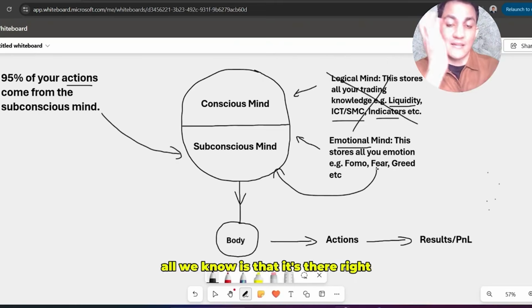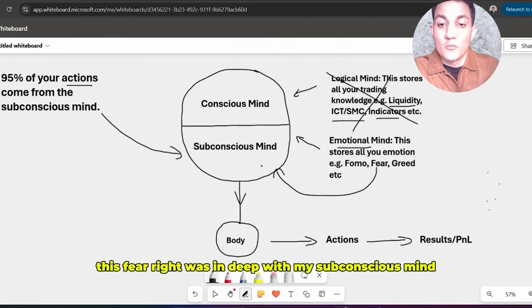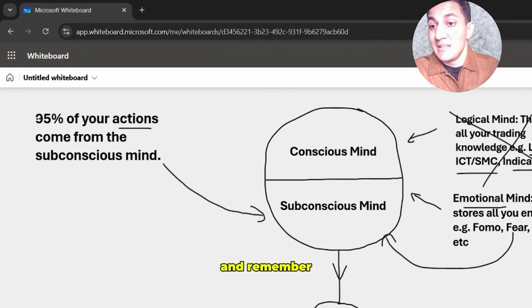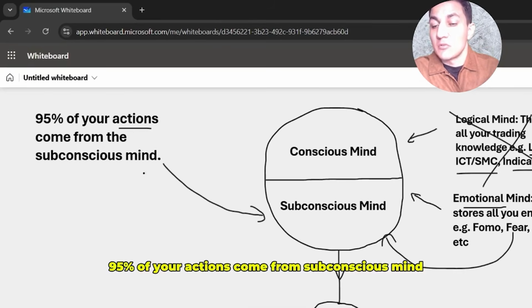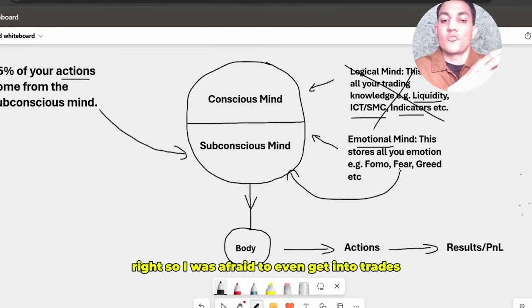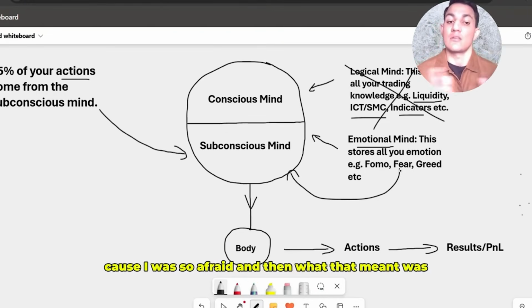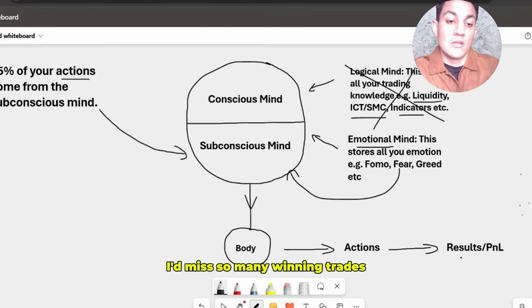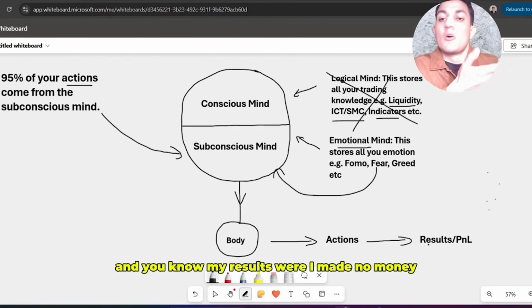All we know is that it's there. This fear was deep within my subconscious mind. And if you remember, 95% of your actions come from the subconscious mind. So my body and my actions would always be someone afraid to lose. I was afraid to even get into a trade. I'd see my setup and I wouldn't even take it because I was so afraid. And then I'd miss so many winning trades, and my results were I made no money.